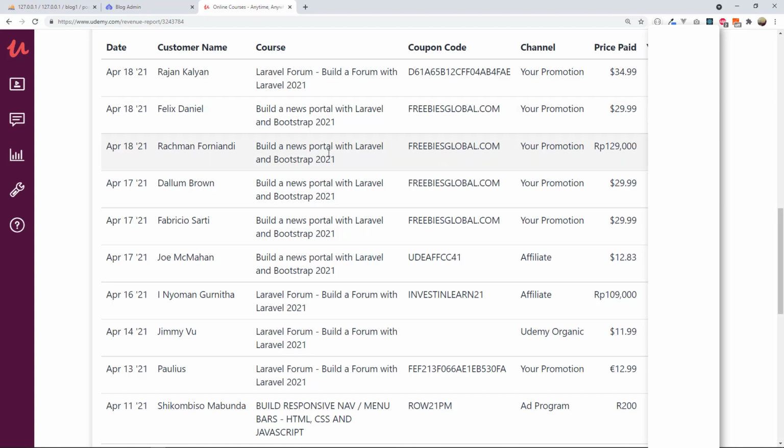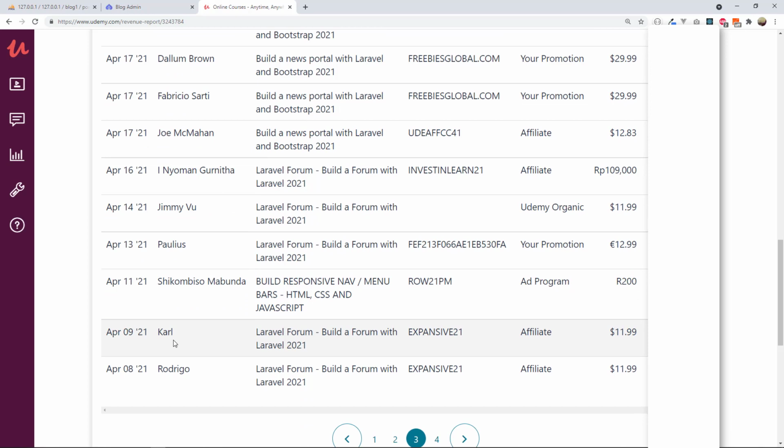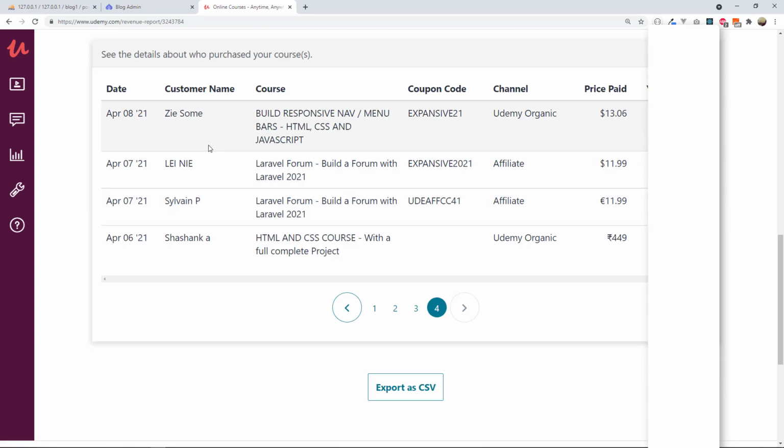And then on the 17th I had 3 sales. On the 16th I had 1 sale, on the 14th 1 sale, 13th 1 sale, and 11th 1 sale. 9th 1 sale, 8th 1 sale. Then finally moving to the 4th page, I had 2 sales on the 8th, 2 sales on the 7th, and on the 6th I had 1 sale.